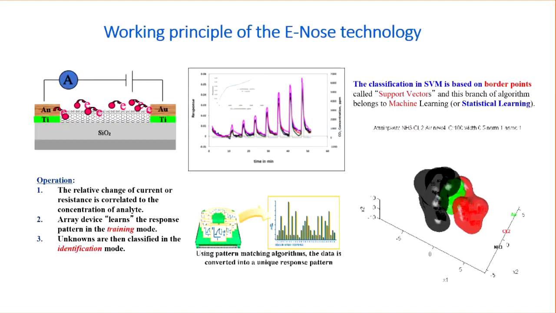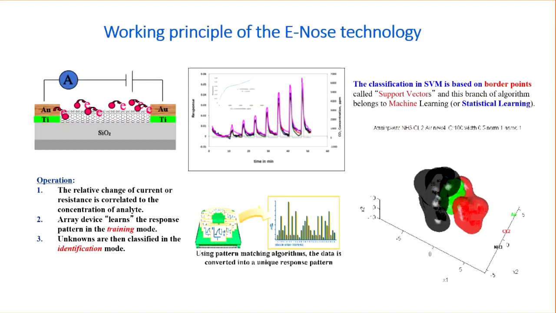Since we use an array of sensors, when the sensor array is exposed to a chemical, we get the sensor response from all 32 different sensors. Then we plot the sensor response into a bar chart, and we can obtain a pattern, like the bar chart as a pattern.